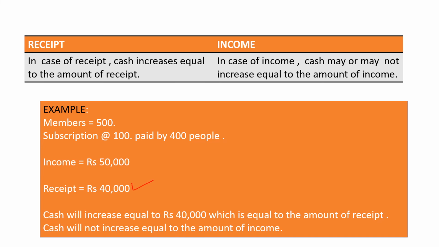Here also I told you that in case of receipt, cash increases equal to the amount of receipt. Cash will not increase equal to the amount of income. Income was 50,000, but cash is not going to increase by 50,000 because I haven't received it. Whatever I receive under the heading of receipt, according to that my cash balance will increase.